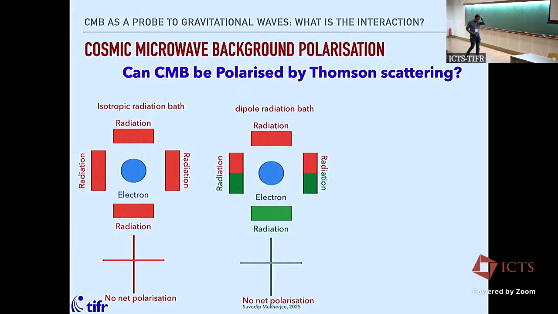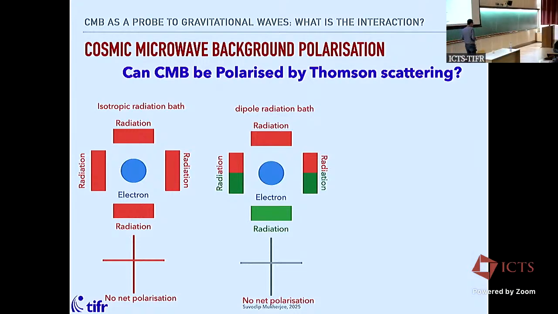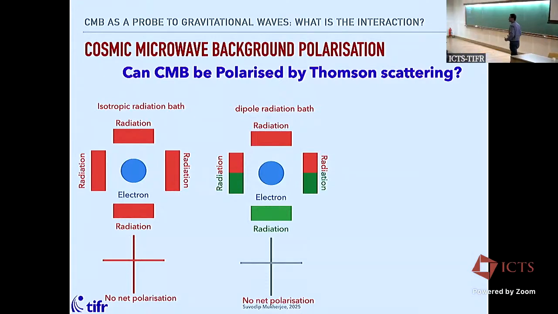What's the next part? Can I really have a fluctuation? Not an anisotropy, but I told you a couple of slides back that atoms start forming. It may not be happening instantaneously, right? Things take some time to happen. Atoms are forming, and as I proceed towards forming the very last atom in the universe, it has a finite width. I call it the width of the era of recombination.